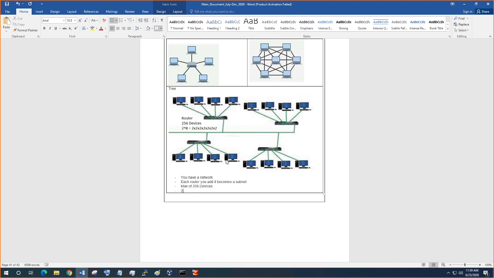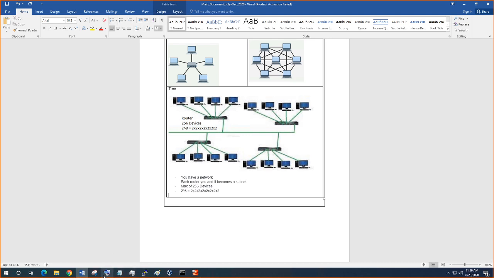Okay, and it's 2 to the power of 8, equals 2 times 2 times 2 times 2, 4, 5, 6, 7, 8.